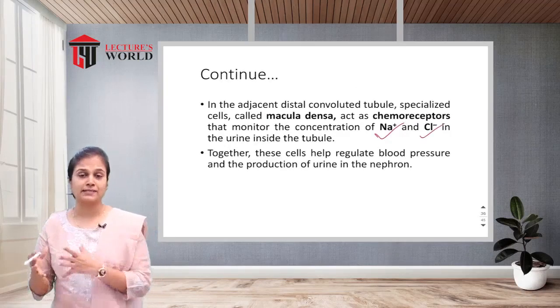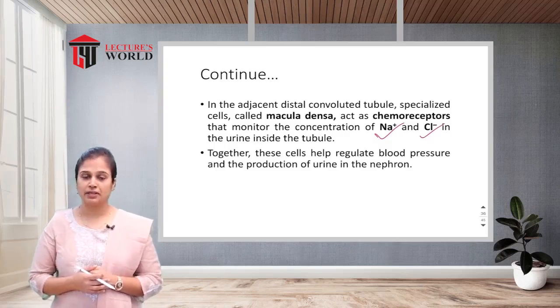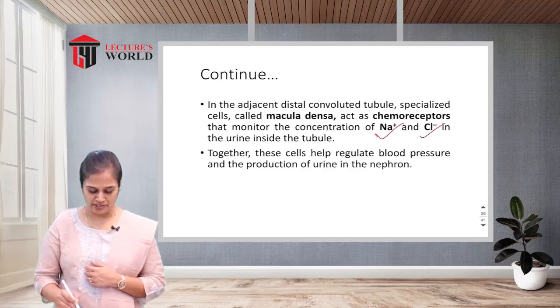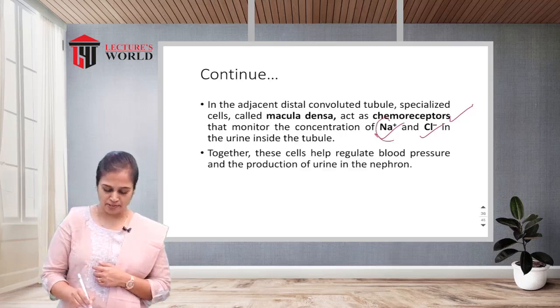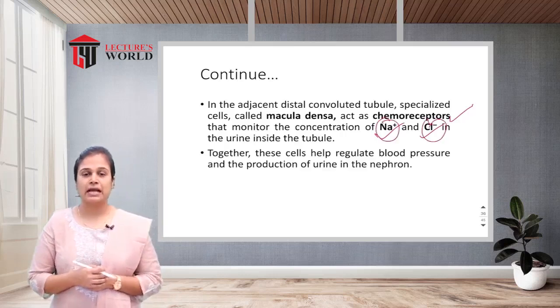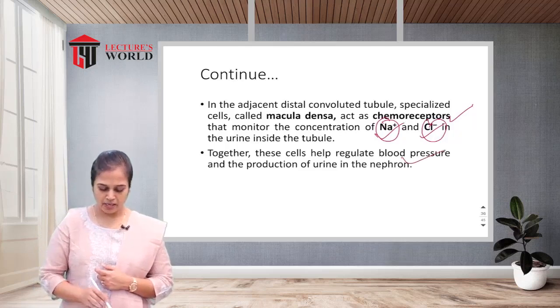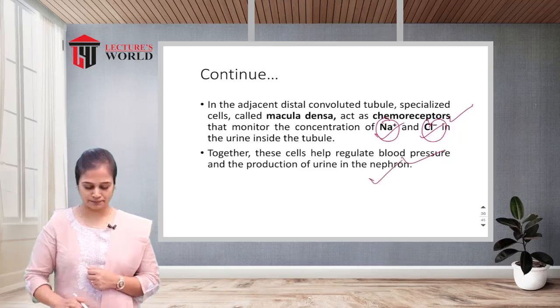Together these cells help to regulate blood pressure and production of urine in the nephron. So the macula densa acts as a chemoreceptor and monitors the concentration of Na+ and Cl-, and with the help of this there is maintenance of blood pressure and the production of urine in the nephron.